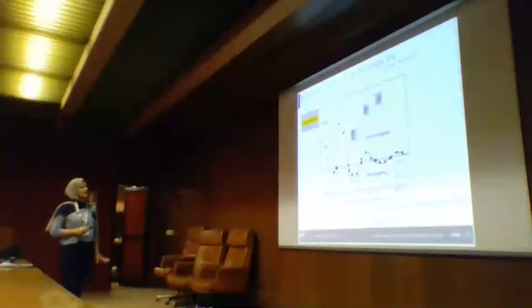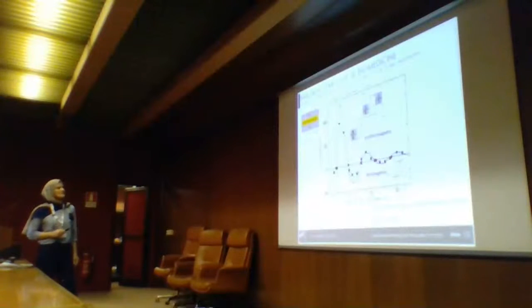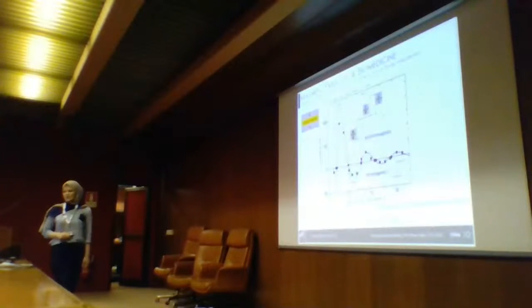First, what is a synthetic antiferromagnet? A synthetic antiferromagnet is made of two ferromagnetic layers separated by a metallic non-magnetic spacer. And by varying the thickness of this metallic spacer, we can either couple these two layers ferromagnetically or antiferromagnetically.